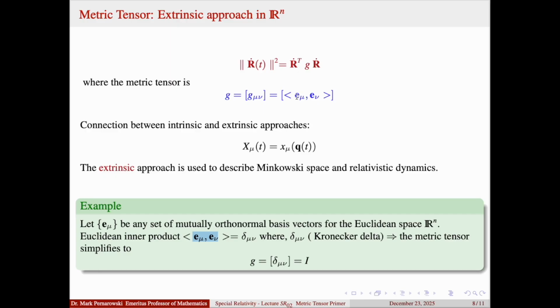They'll either be ones or zeros. They'll be ones if it's the same vector inner product with itself, because they're normalized, or they'll be zero because they're different basis vectors, which are orthogonal. So if you work that out, it turns out that the metric tensor in the extrinsic approach is just the identity matrix.